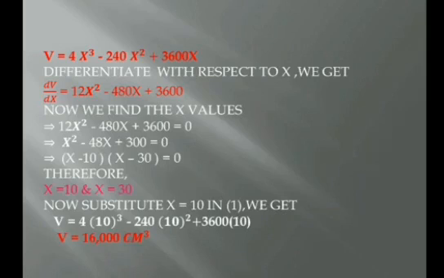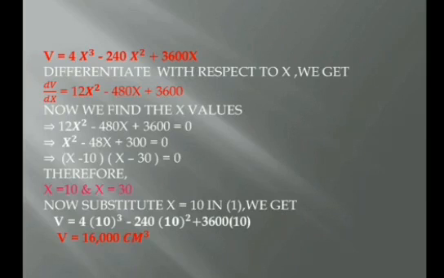Now we substitute the cut length x is equal to 10 in equation 1, the volume V. We get volume V is equal to 4x cube minus 240x square plus 3600x. Now x is replaced by 10.